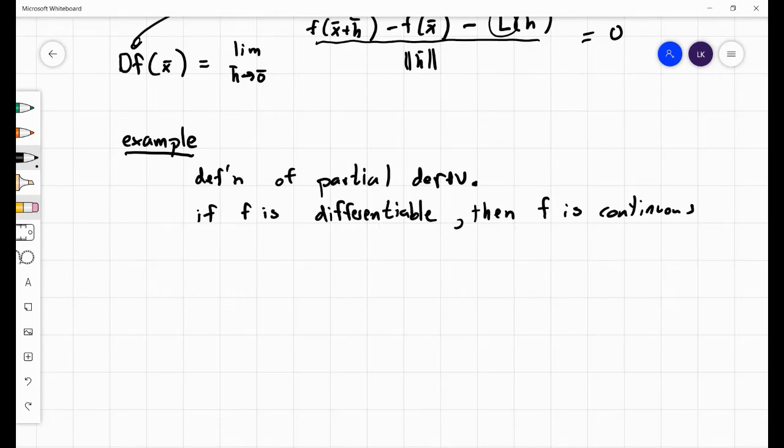So this is the consequence that we're going to use: if f is not continuous at a point, then it cannot be differentiable at that point.